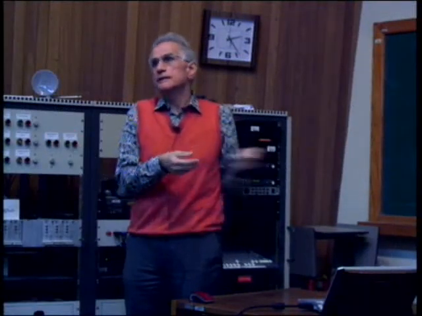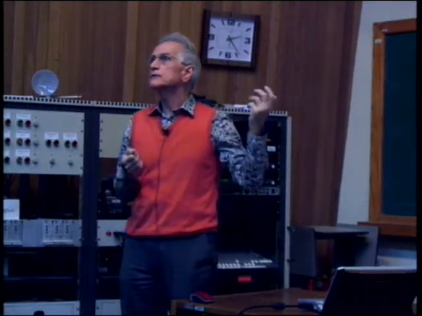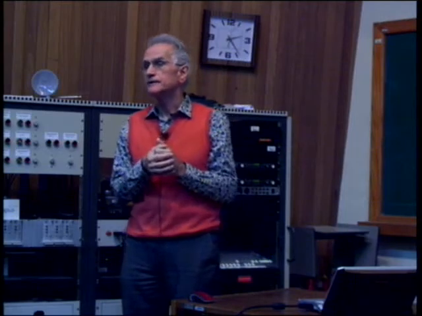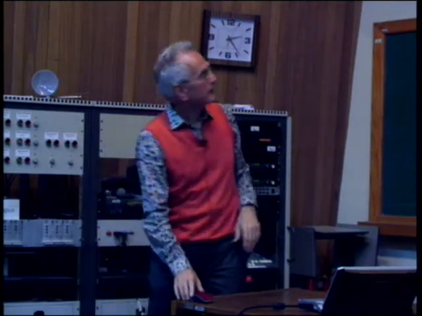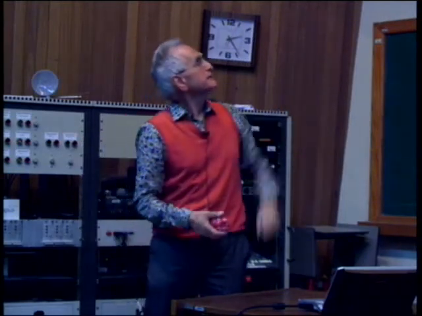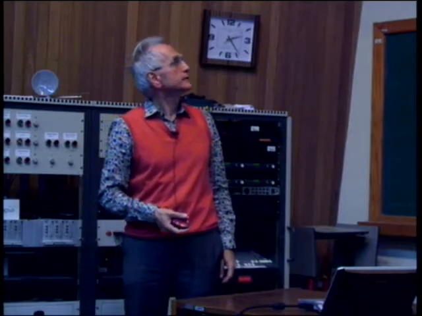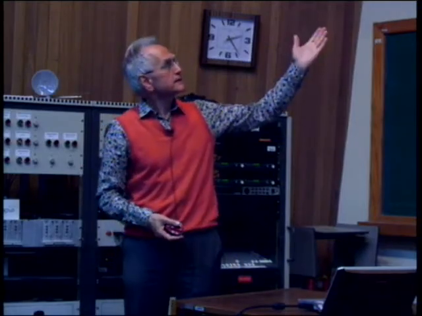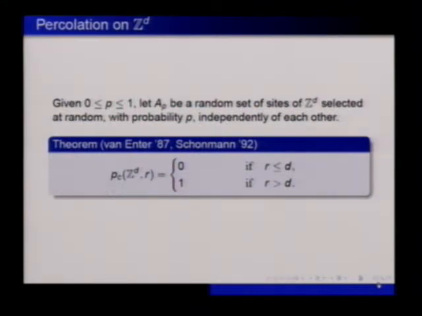So at the very beginning, it was a possibility that something similar happens in the plane. Not really, and then Van Enter and Schonmann proved this result, that if you take r-neighbor percolation on the d-dimensional cube, then for r at most d, the critical probability is 0, and for r greater than d, the critical probability is 1.